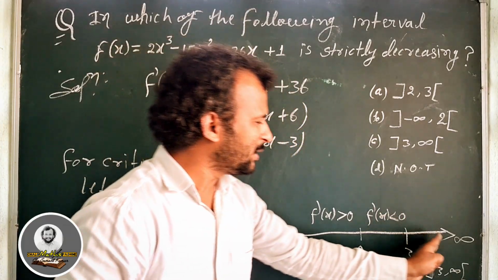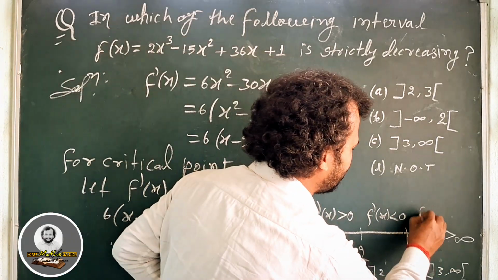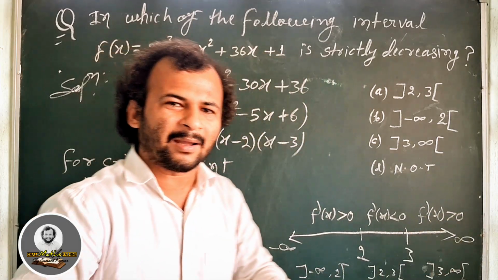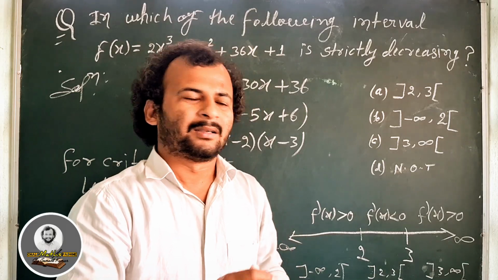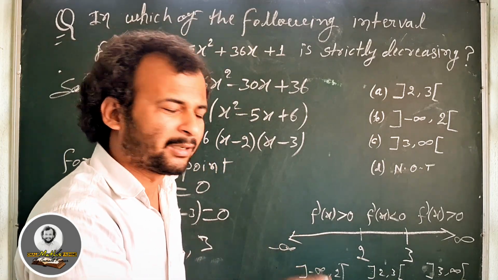And from this interval, if we put a number in f dash x, then we get f dash x greater than 0. And we know that if f dash x is greater than 0, then the function is increasing in that interval.